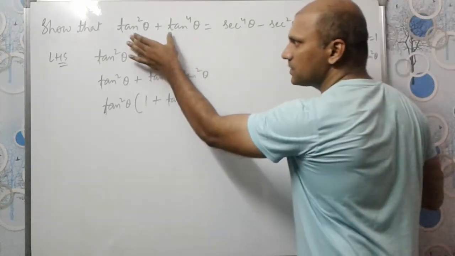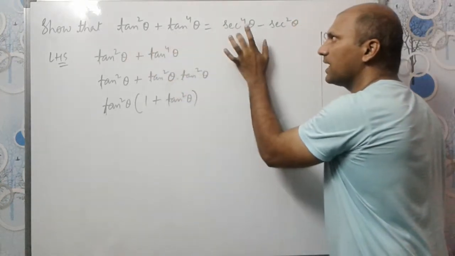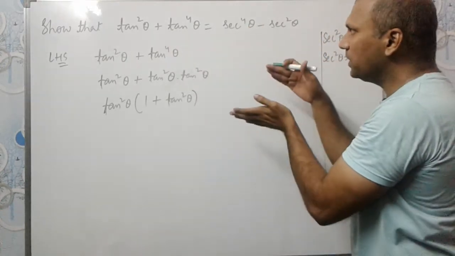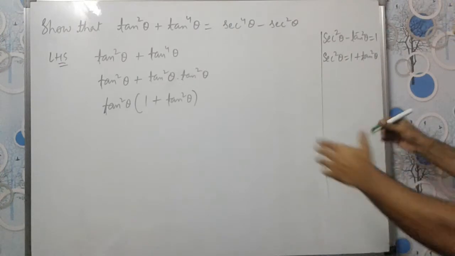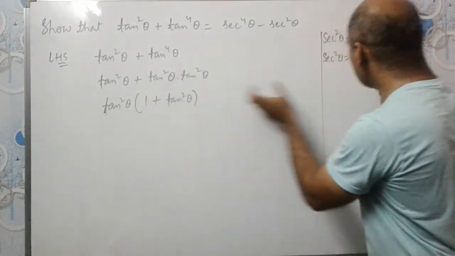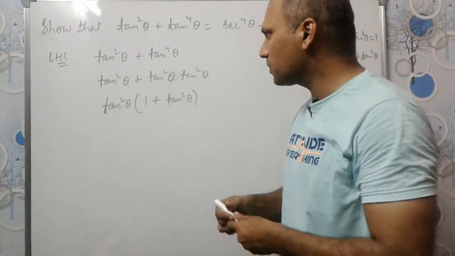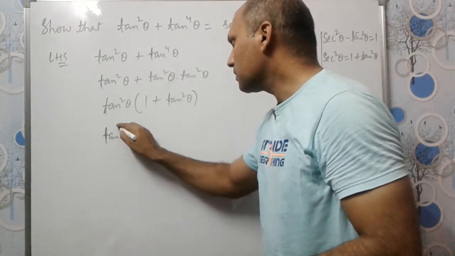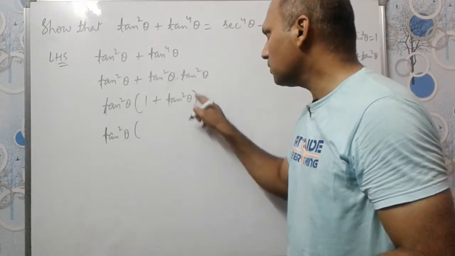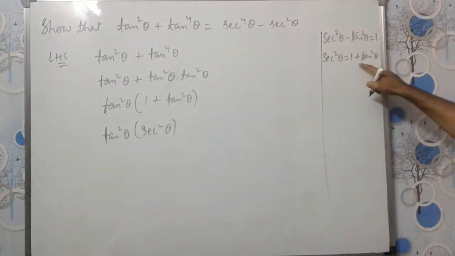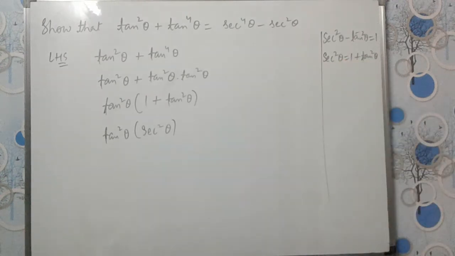On LHS we have tans, on RHS we have secants, so the tans somehow should be converted to secants. Can we write 1 plus tan square as secant square? Yes. So this is tan square, and this whole part inside the brackets, 1 plus tan square, is equal to secant square.